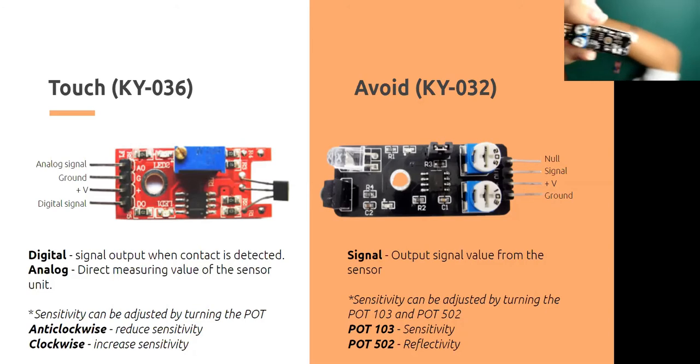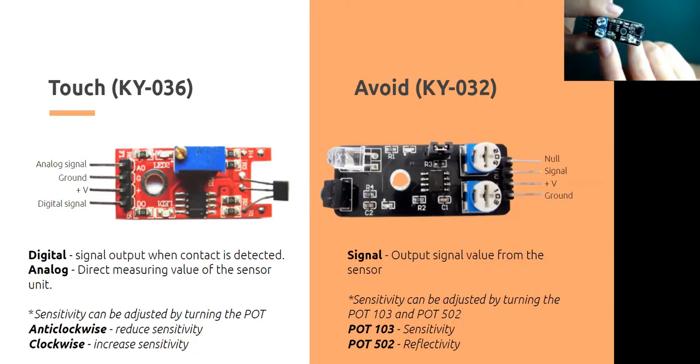Okay, so the 502 potentiometer is for reflectivity, while the 103 potentiometer is for sensitivity.